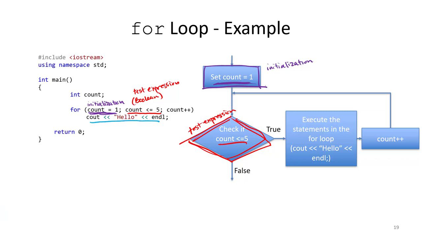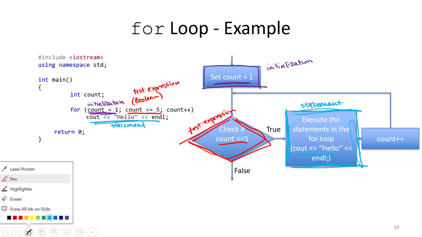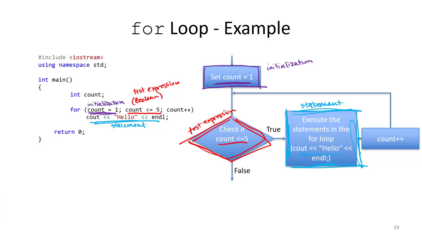And then assuming count is less than or equal to 5, then we run the statement inside our for loop. So if count is less than or equal to 5, we output hello in this case. And then, once we're finished, we run our last expression, our update expression.